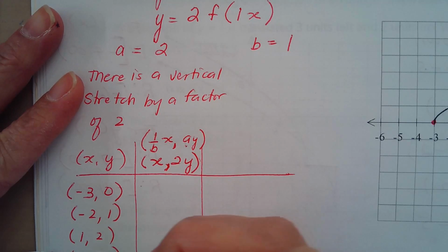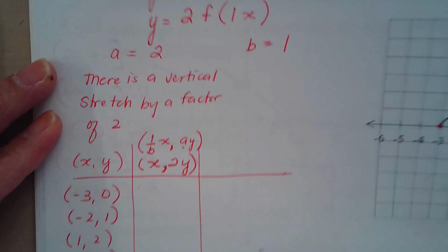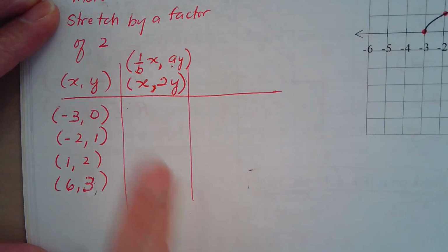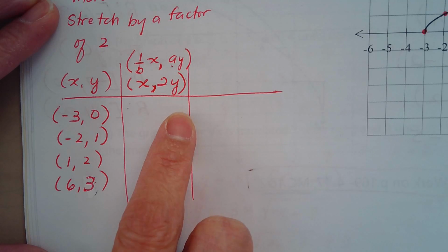Thanks, Ivy. 6, 3. Okay, good. Now we're going to use the mapping to see the new set of points.